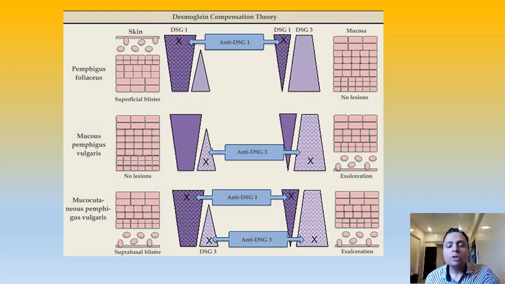There will be a suprabasal blister, because desmoglein 1 is in the upper layer, and desmoglein 3 is more in the lower layer. Desmoglein 1 is expressed less in the lower layer, so depending upon that, ulceration will be there.